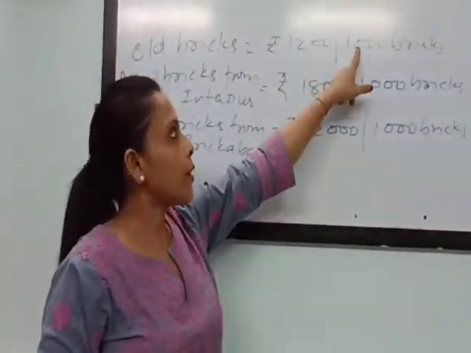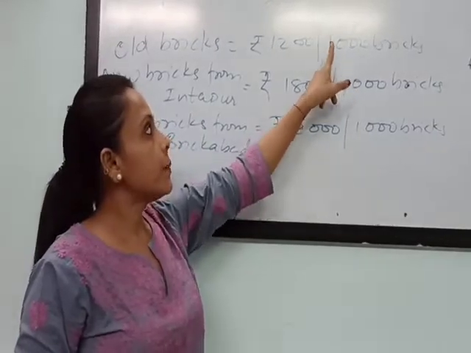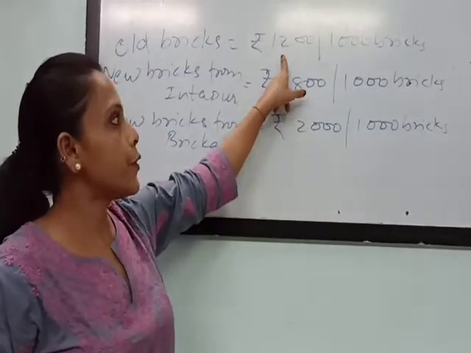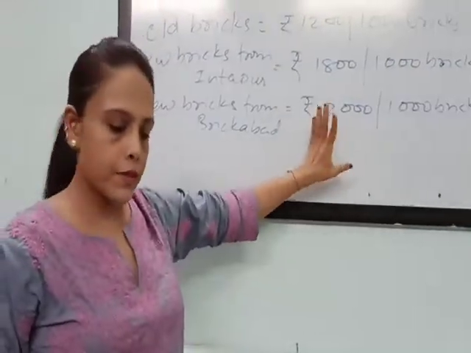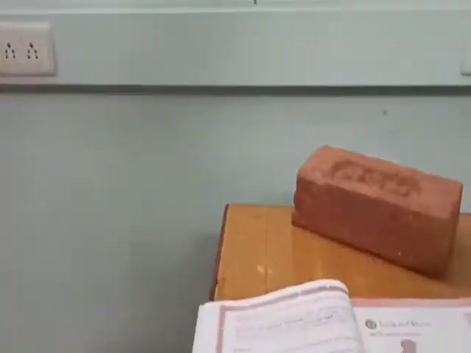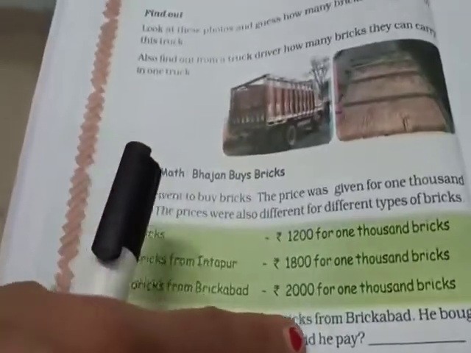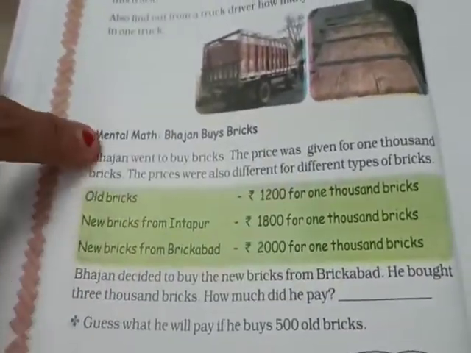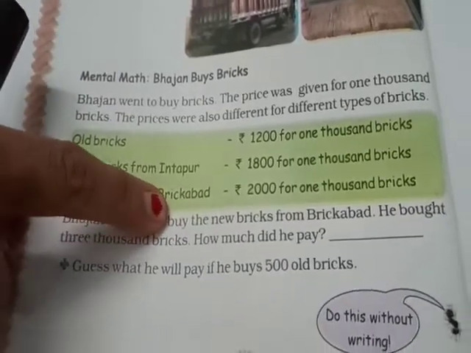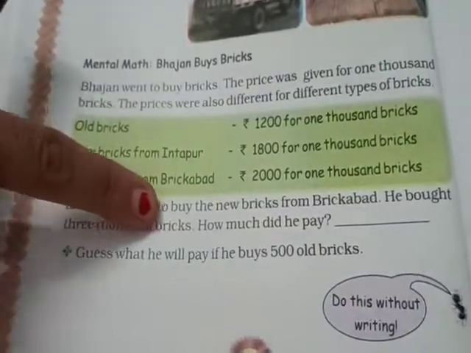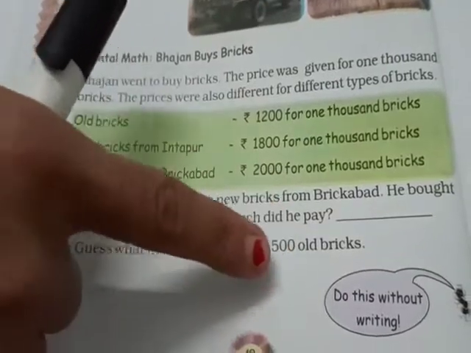It's for per 1,000. 1,000 bricks for 1,200 rupees, 1,000 bricks for 1,800, 1,000 bricks for 2,000. This is given. Now the question is, Bhajan decided to buy the new bricks from Brickabad. He bought 3,000 bricks. How much did he pay?